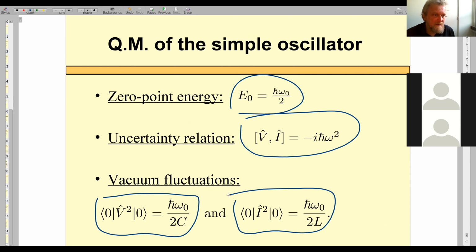You might want to check these formulas for realistic capacitors, realistic oscillator contours, for instance, in your mobile phone, and see how big these fluctuations are.